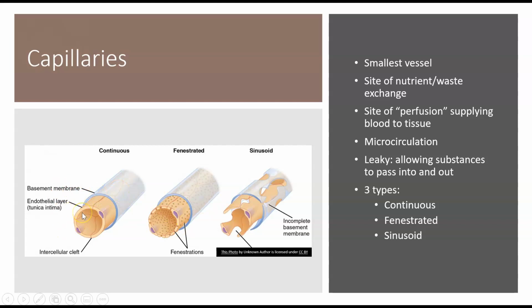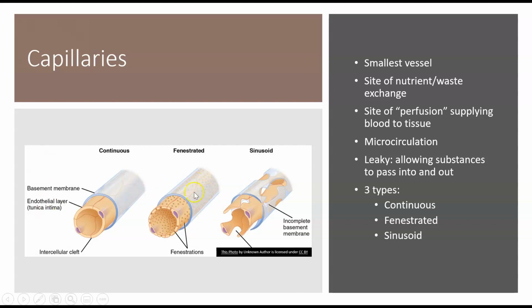A continuous capillary has a complete endothelial lining, and there are tight junctions between the different cells that make up that lining, but those junctions are kind of incomplete, and there are little gaps that exist, and they're going to allow small molecules to come into and out of the capillary. That might include water, glucose, hormones, and so it will allow those things to exchange from inside the capillary to outside in the interstitial fluid.